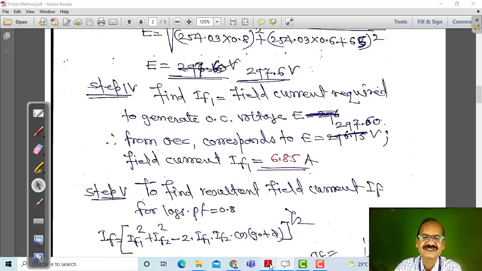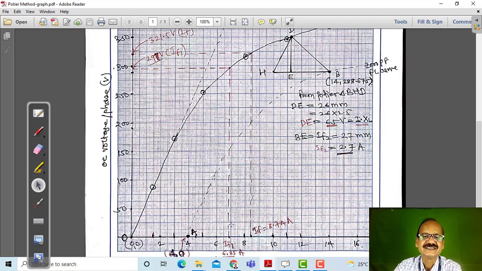Let us observe the graph. See, IF1 is 6.85. Here, corresponding to 297 volt, it is very close to 300 volt, just 1 or 2 mm below this line. Observe this one. Here it is 297 and corresponding to this, IF1 is 6.85.